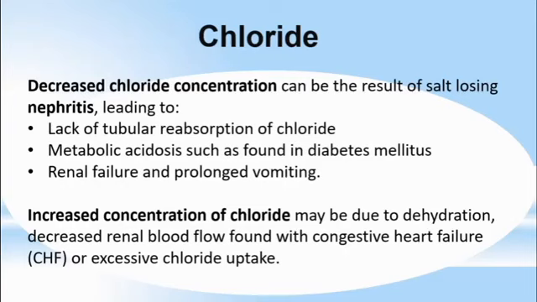Decreased chloride concentration can be the result of salt-losing nephritis, leading to lack of tubular reabsorption of chloride, metabolic acidosis such as found in diabetes mellitus, renal failure, and prolonged vomiting.